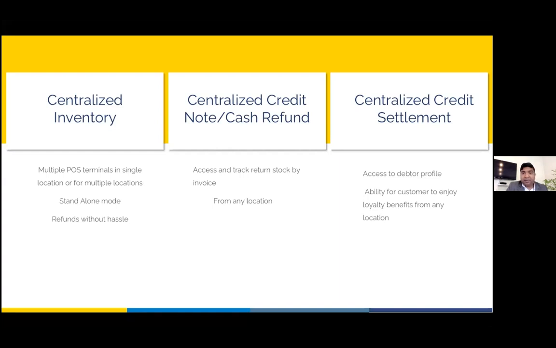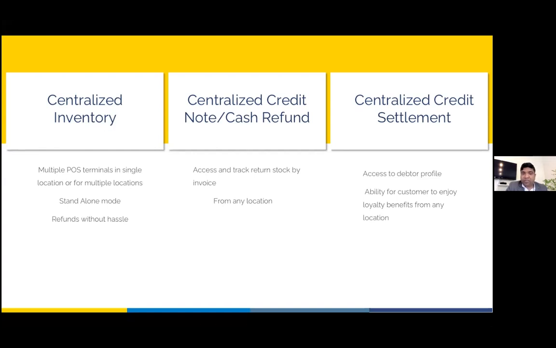In a different way, this also helps if there are any refunds, if there are any returns of items sold, the customer can go to any of your shops or any of the terminals and get their refund done seamlessly.